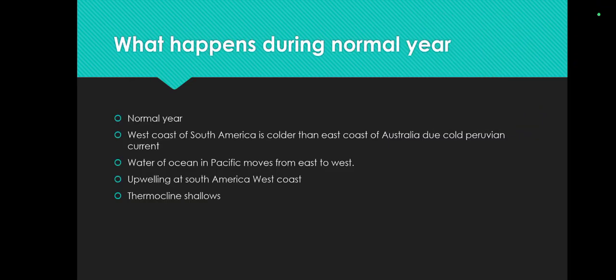So here I have given some text about the normal year. What actually happens during the normal year? In the normal year, the west coast of South America is colder than the east coast of Australia due to the cold Peruvian current, as I have explained earlier.